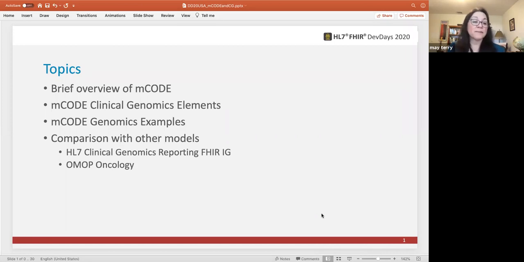Follow it up with a comparison of other models, which might include the HL7 Clinical Genomics Reporting FHIR IG, as well as other more research-oriented models like the OMOP Genomics Common Data Model. And then we'll close out with some additional considerations of how we can move forward with mCODE and its evolution, so that we can get closer to helping satisfy our vision for precision medicine over time.